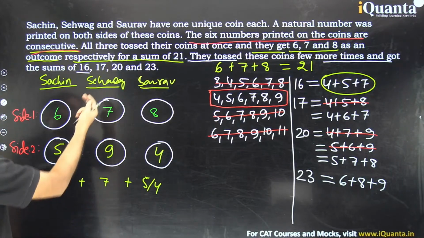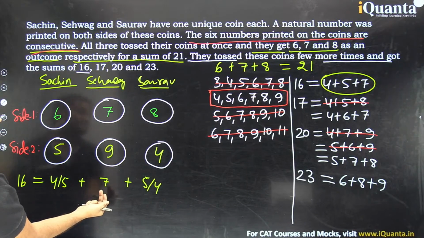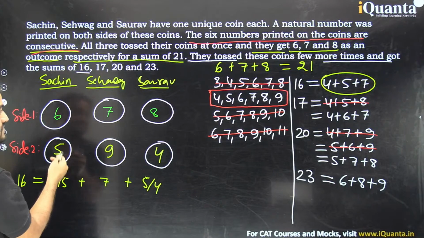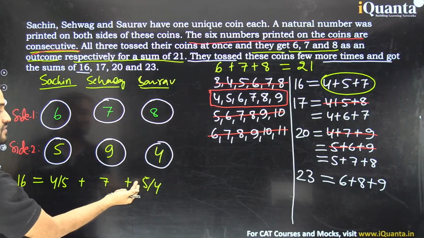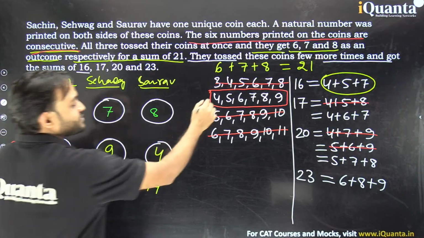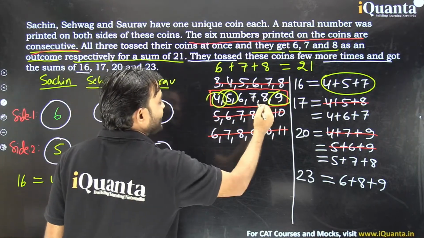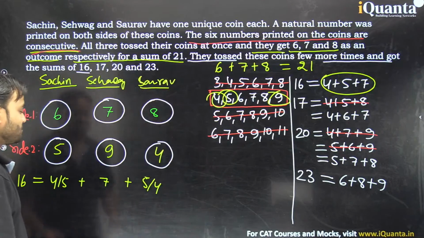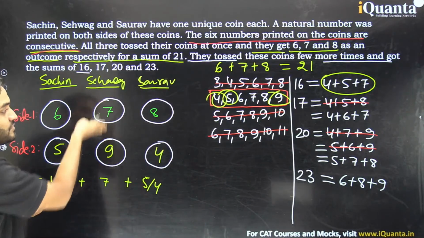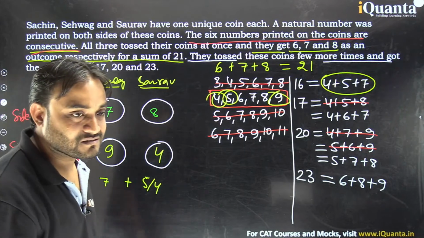The 7 outcome is only possible from Sehwag. So 4 or 5 must be written on Sachin's or Saurav's coin. 4 or 5. So what's left? There are three numbers, 4, 5, 9. Apart from this, 4 or 5 is against Sachin or Saurabh. So 9 will be for this. Okay.